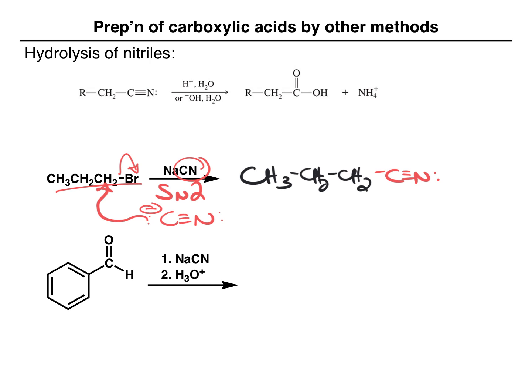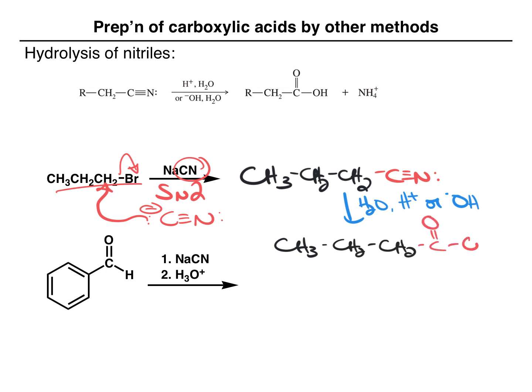In a second step, this can be treated with water and acid or base, and that will give us this carboxylic acid. Notice if we think about our alkyl halide starting material compared to our carboxylic acid final product, we have one additional carbon.